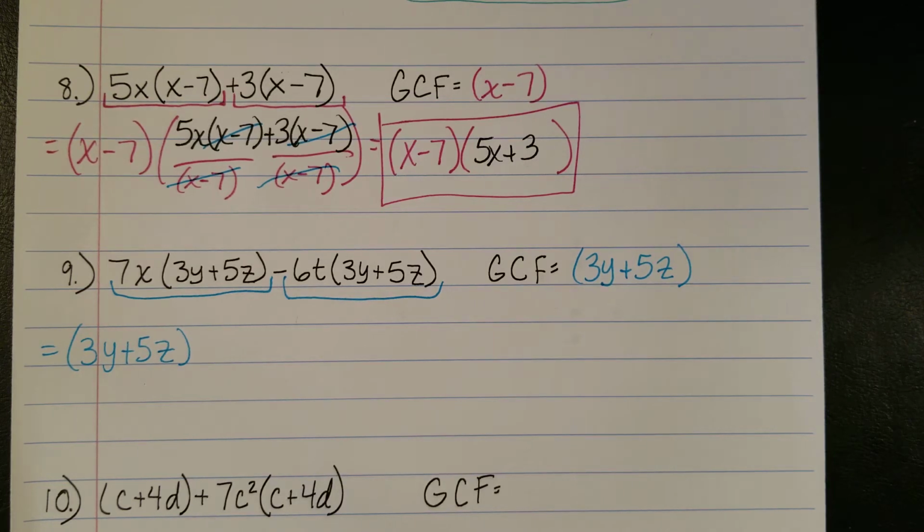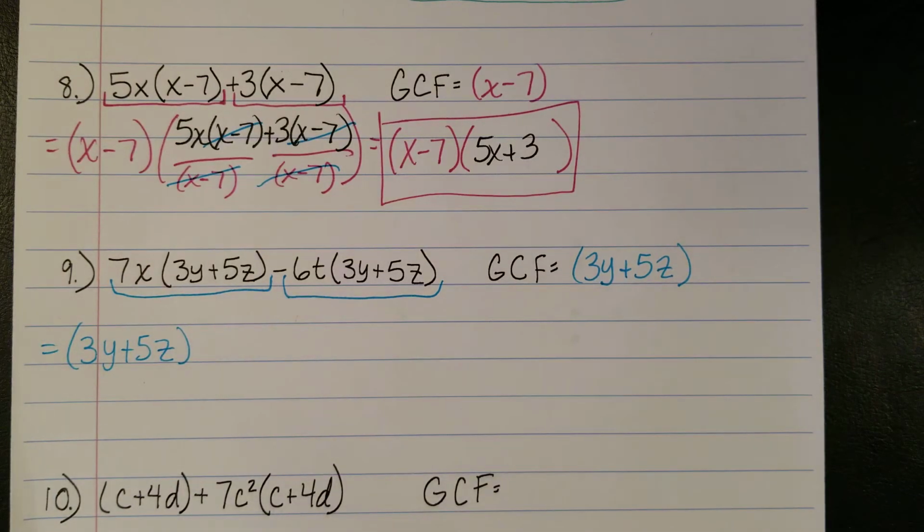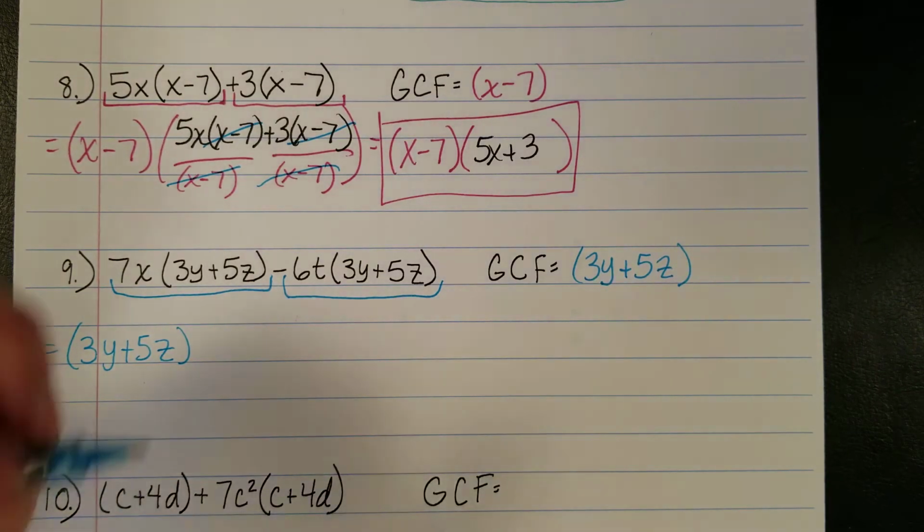I know personally for me, I used to do this and I really didn't even know what I was doing. I didn't ever think about the fact that I'm multiplying by the GCF and I'm dividing by the GCF. And it wasn't until I started actually teaching this that I even thought to describe it that way and realize that's what was happening.